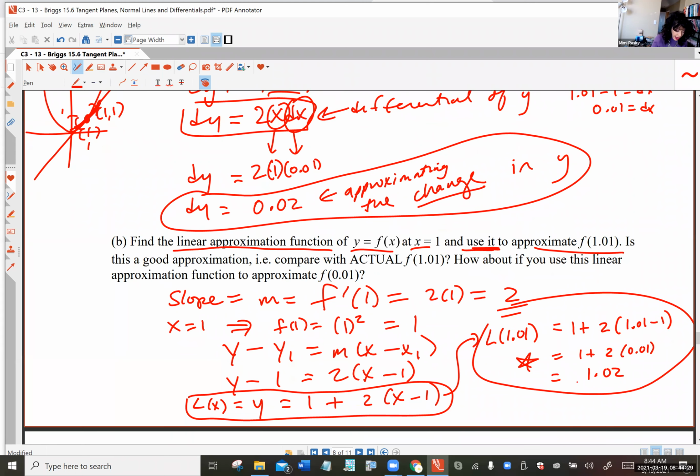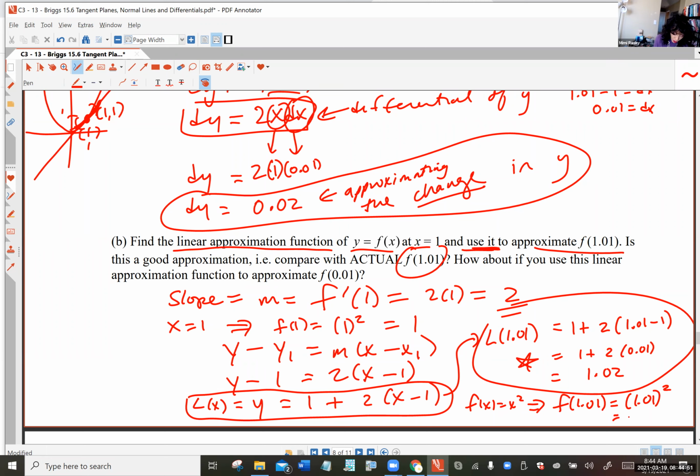What's the actual f of 1.01? Well, f of x is equal to x squared. We know that. So what is f evaluated at 1.01? Well, whip out the calculator. What's 1.01 squared?